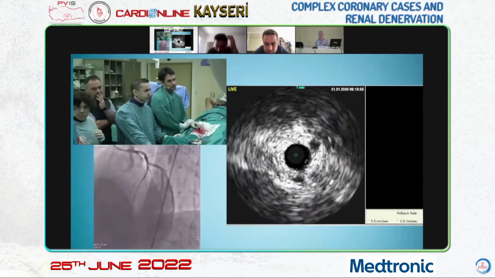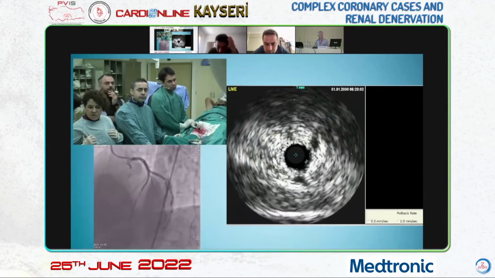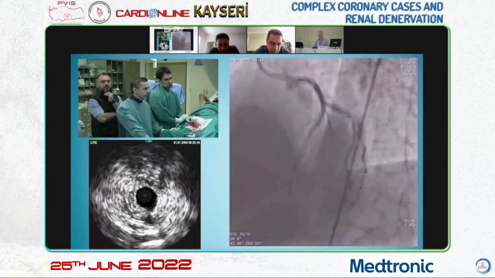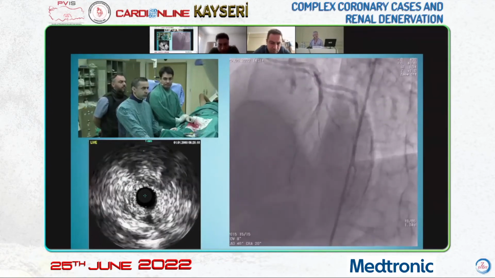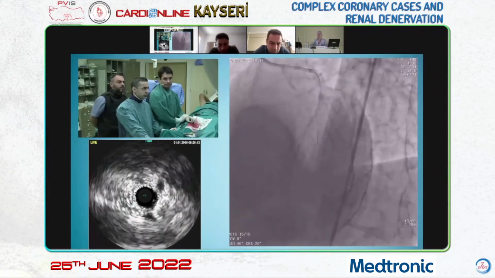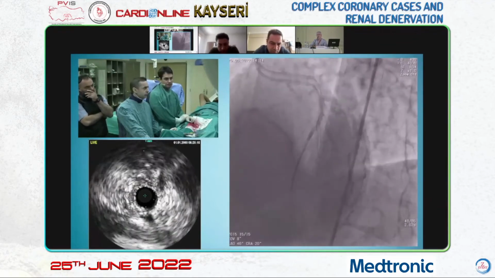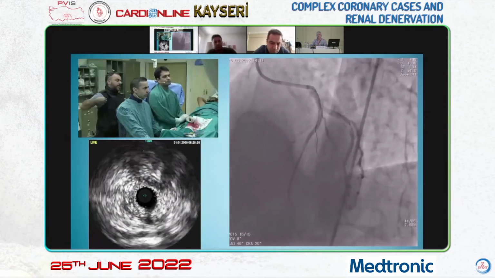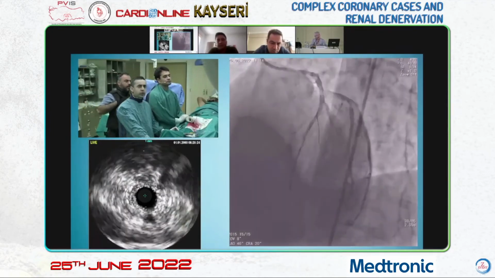I'm not speaking about this case, but for CTO and complex coronary, our friends should be careful. This is what I recommend. Because when you put the stent, when you make the port, there is a slowdown of the flow, and the patient can go into myocardial infarction as well. Thank you. Kürşat.